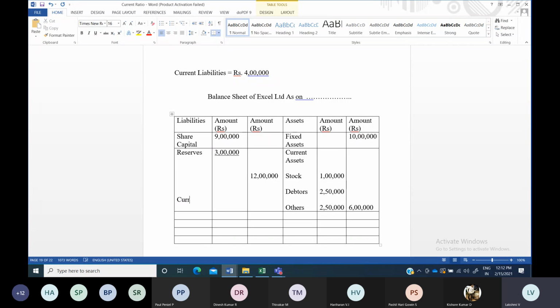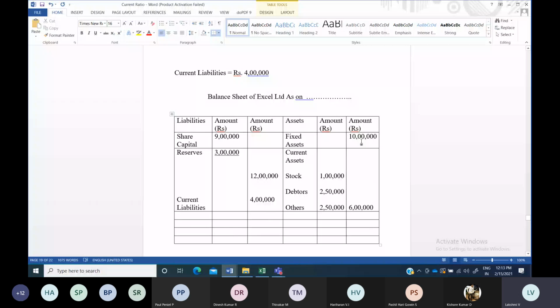Current liabilities, that is 4 lakhs. Okay. Now these are all the items we have included over here. No other items we have. Everything we have included.